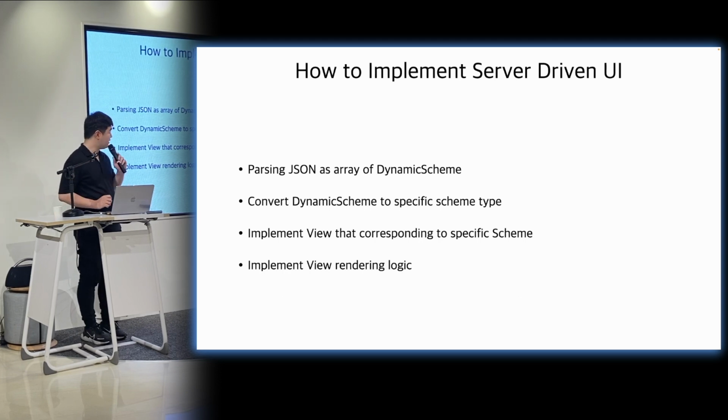So these phases can be described as follows. First, parsing JSON as an array of dynamic schemes, and then converting the dynamic scheme, which is a meta type, to a specific scheme type, like image scheme, text scheme, hstack, vstack, or whatever. And then you have to implement the view corresponding to the specific scheme.